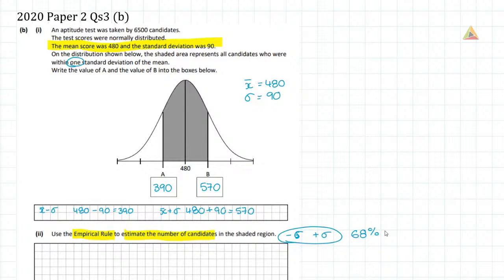So here we're going to have 68% of the total number of candidates, which was 6,500, and that's going to give us a figure of 4,420. Okay, so that's another example there of using our empirical rule, and this time we had no figures on the bottom of our x-axis except for the mean in the centre.